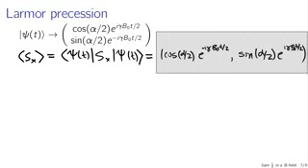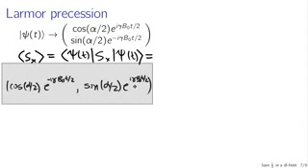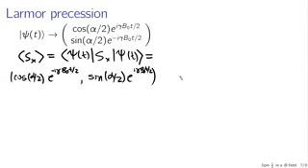Since this is an expression for the complex conjugate of this vector, I have to change the signs in the exponents associated with the imaginary parts, which is why I've got a minus sign associated with my cosine term, whereas here I had a plus.